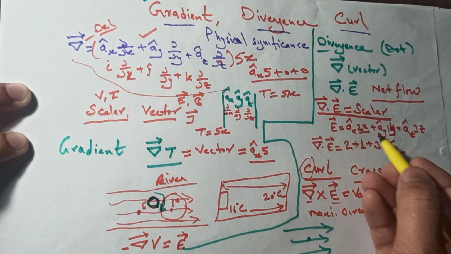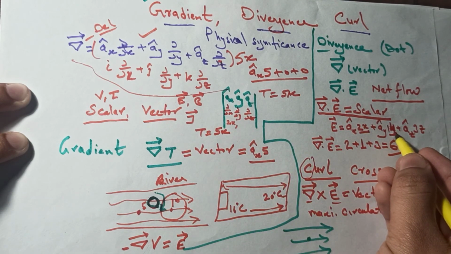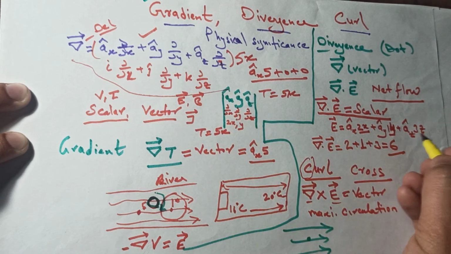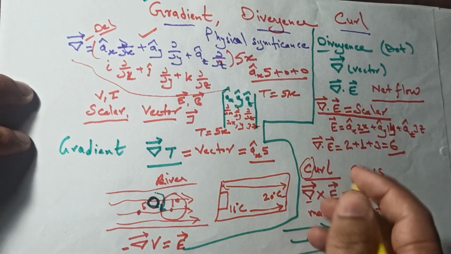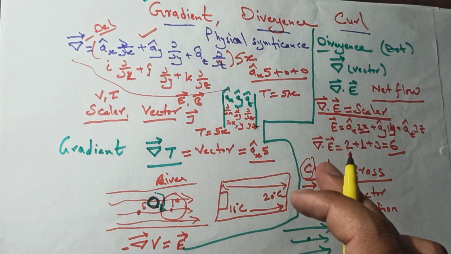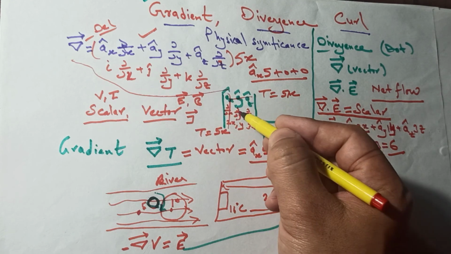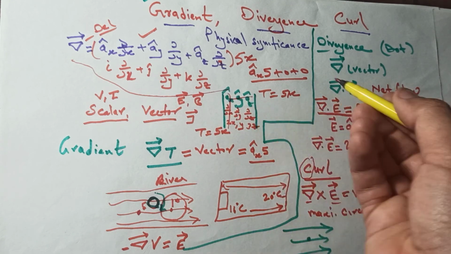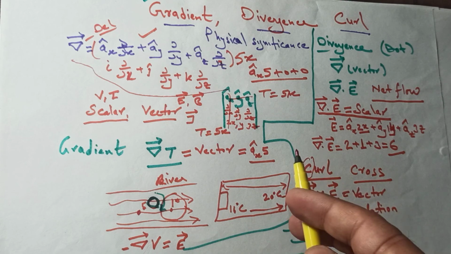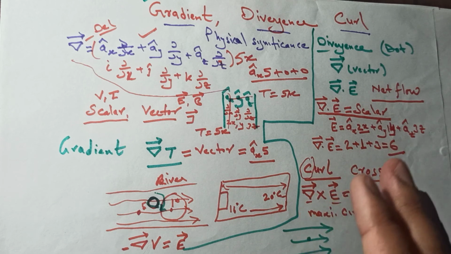Ax component 2x, ay component y, az component 3z. Then you have to solve this like a matrix. For ax, you remove this row and column and multiply the rest. I will not go into the detail of this. So this is the physical significance of gradient, divergence, and curl.